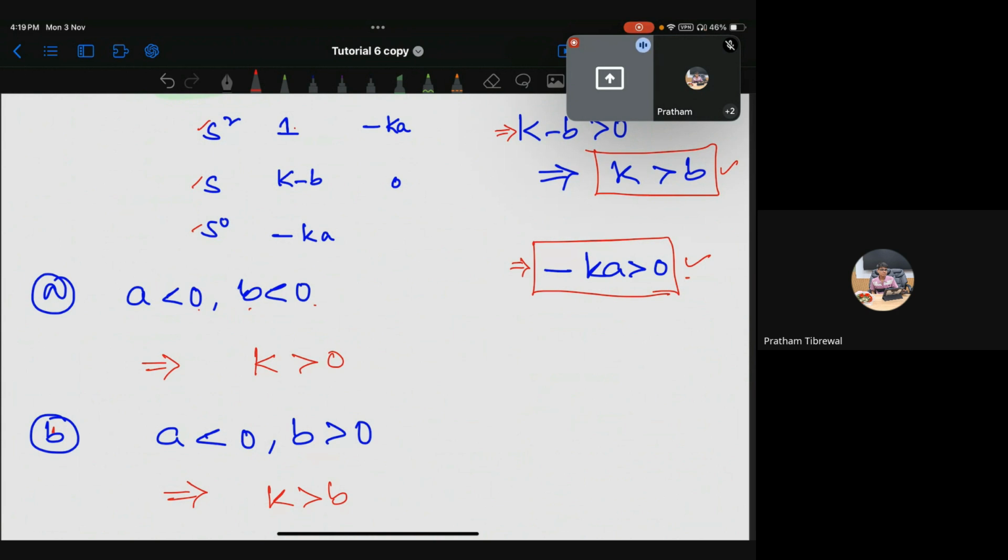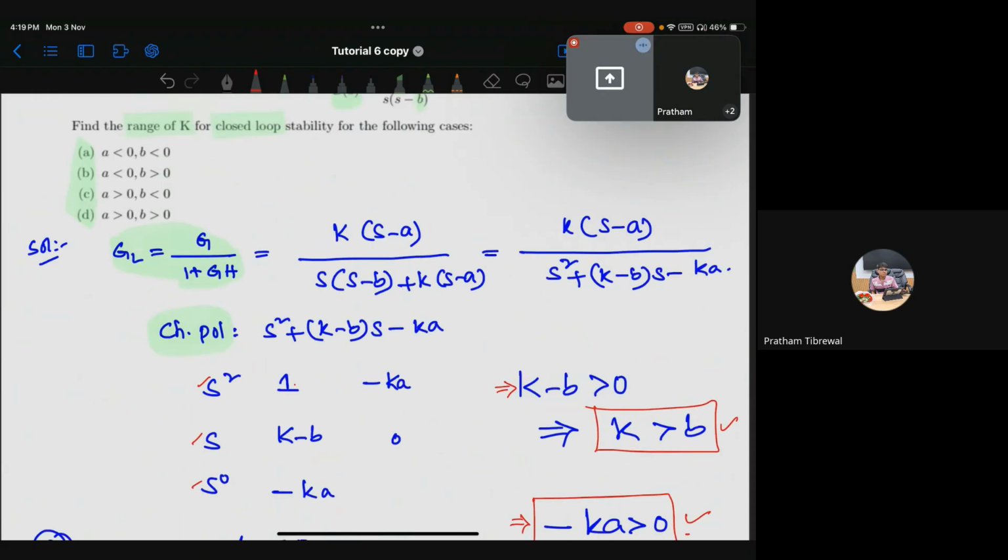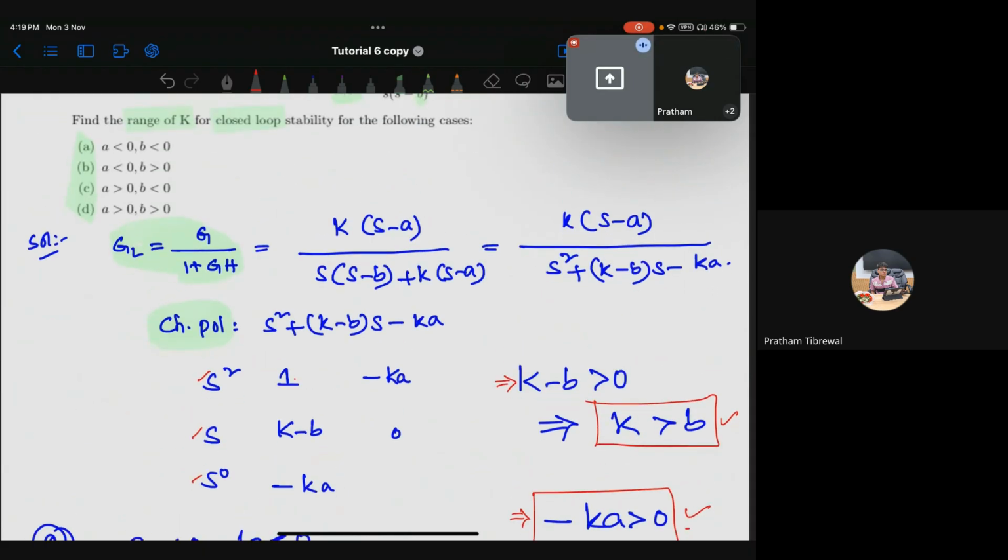Any doubt? No, it's clear. So till this point it is clear. So now what is our condition here? For the system to be stable, k must be greater than b, and minus ka must be greater than 0. Clear?